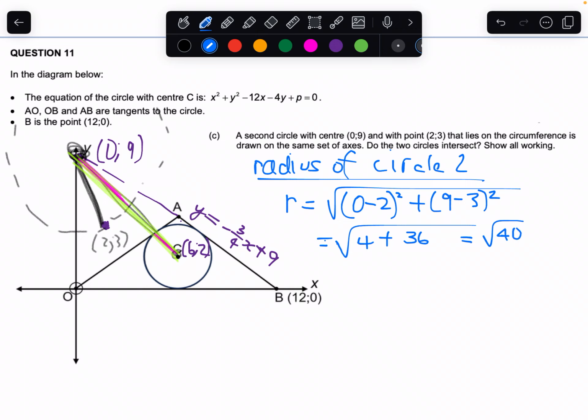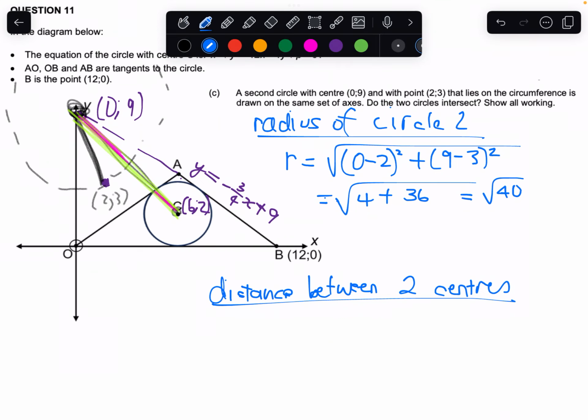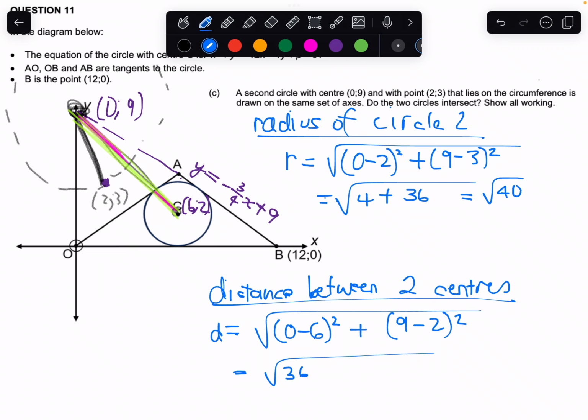Okay, and then I'm going to find a distance between the two centers. So that distance is, let's say, 0 minus 6 squared plus 9 minus 2 squared. So that is 36 plus 49, which is the square root of 85.